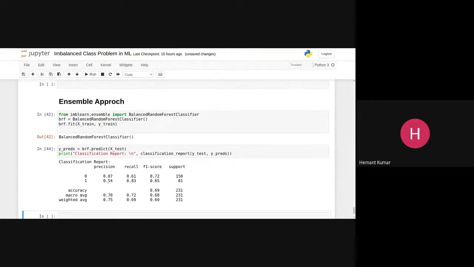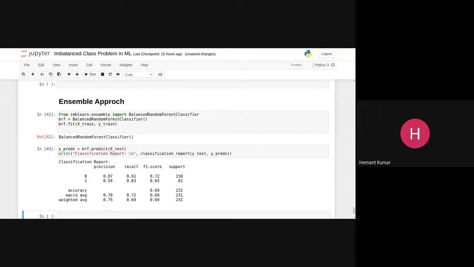In that case precision is low, the same as without using it, recall is improved, and the F1 score also has a slight improvement. So that is an ensemble approach for handling the imbalanced problem.